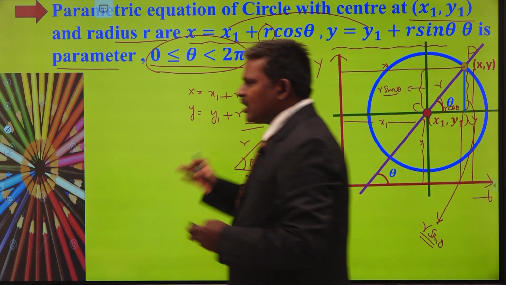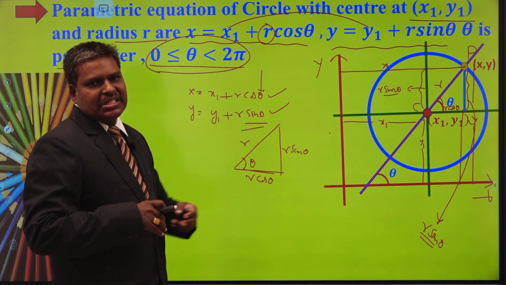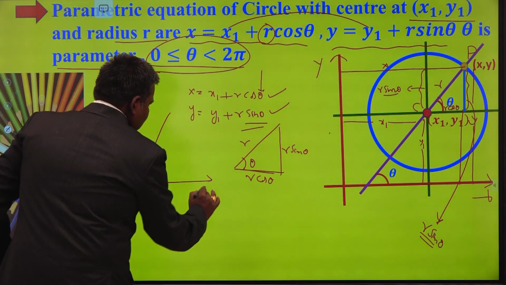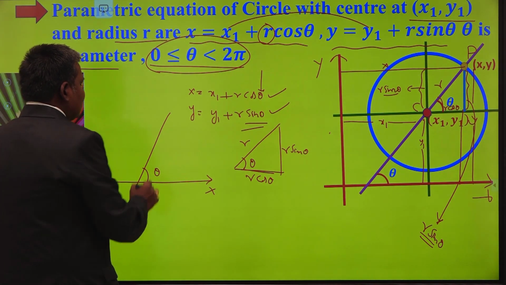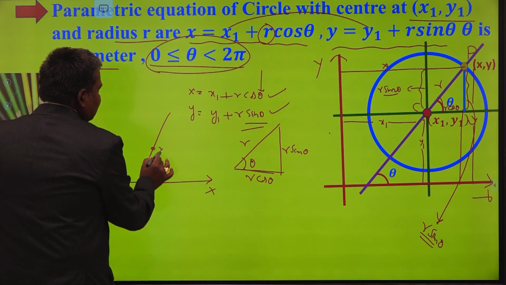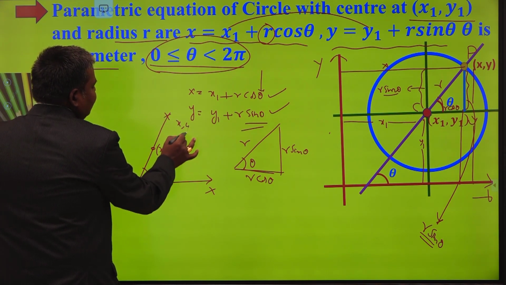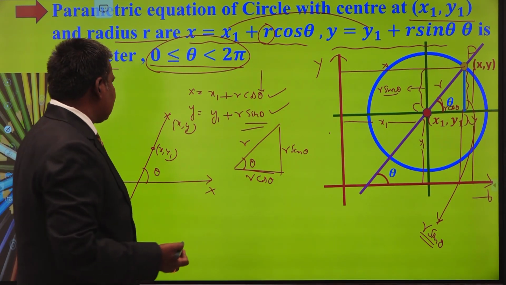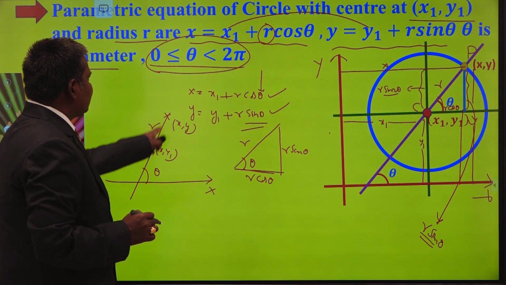My dear students, don't confuse the parametric equations of a straight line with the parametric equations of the circle. In your straight line, this is the diagram. This is your x-axis. Theta is the angle made by the line with the positive direction of the x-axis. Your line is passing through the fixed point x1 comma y1. You can write the coordinates of x comma y by x is equal to x1 plus or minus r cos theta, y is equal to y1 plus or minus r sin theta. r is the distance from here to here.